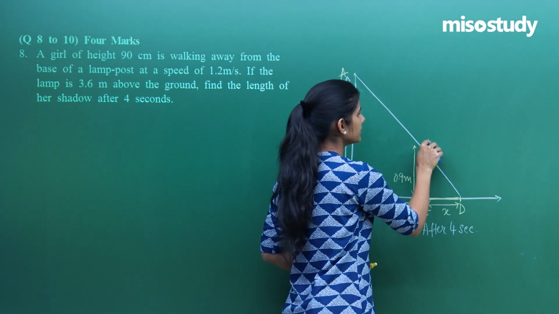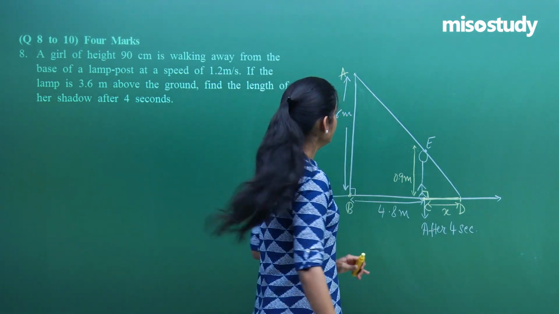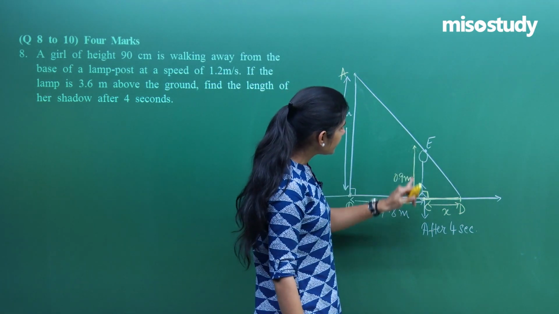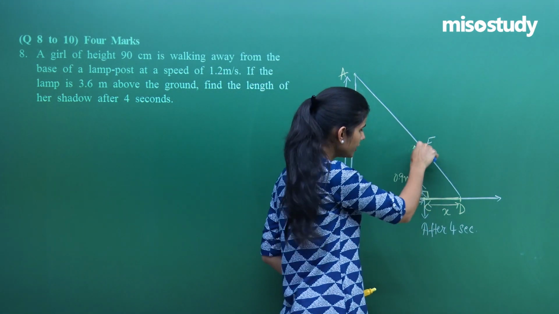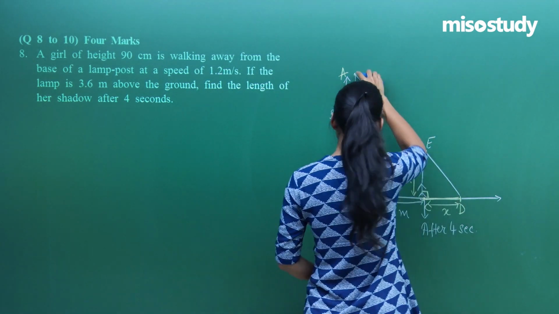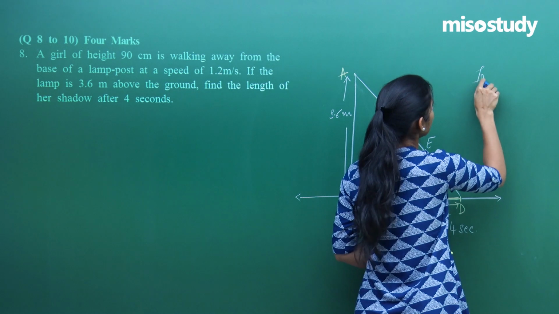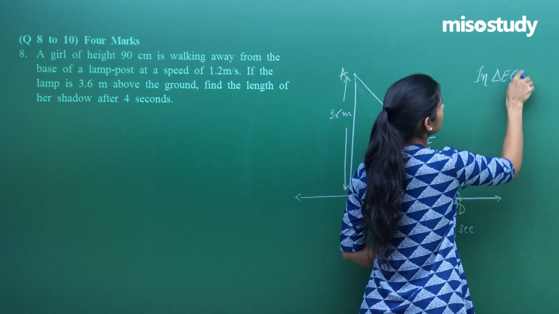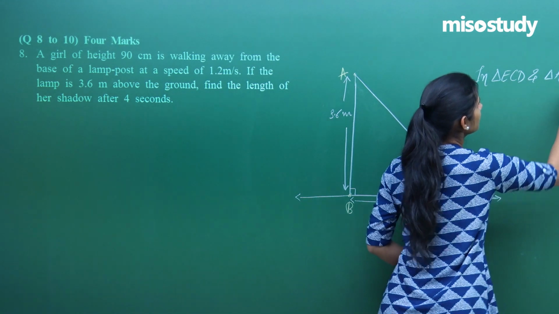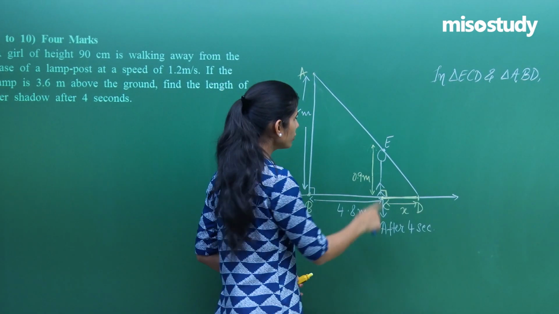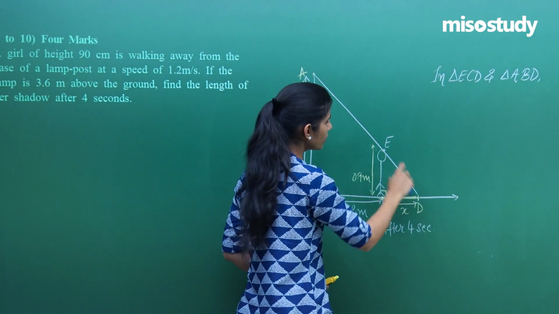Say this point is E. Now try to see in triangle ECD. This girl can act as a line, okay? So in triangle ECD and in triangle ABD. What are we having in both the triangles, the bigger one and the smaller one?